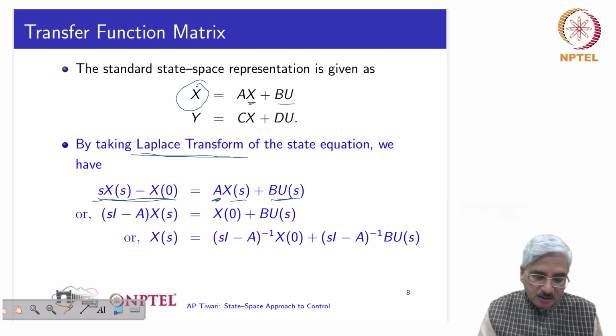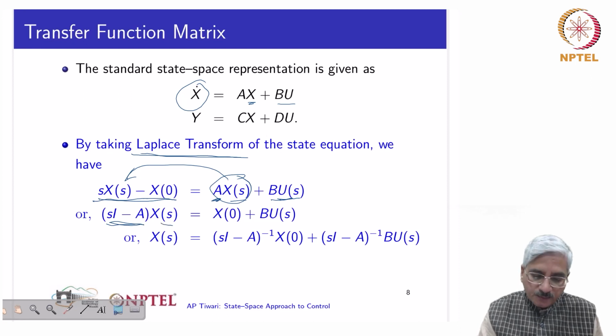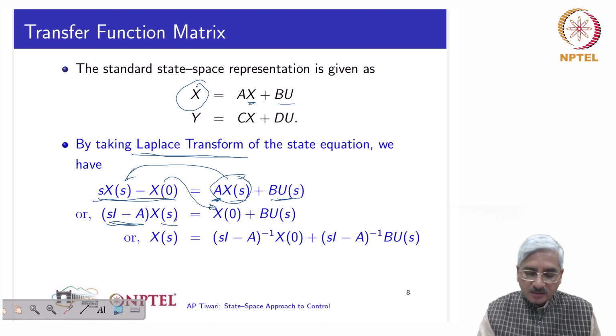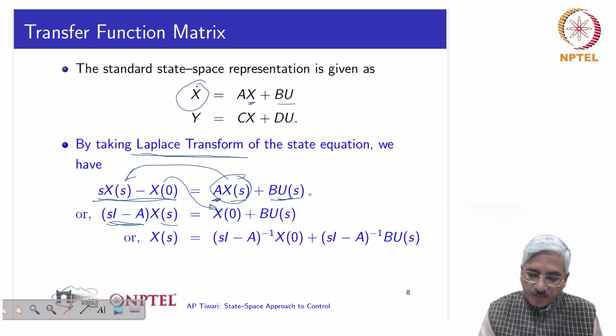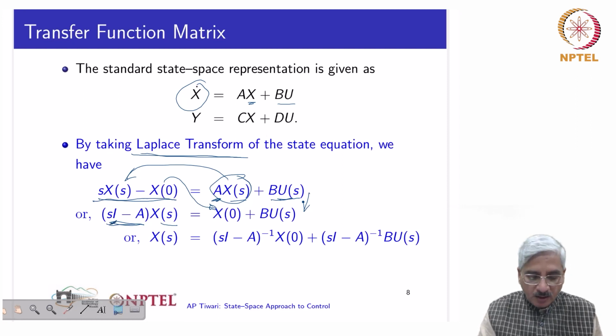We do the rearrangement of terms: we bring this term onto the left and collect them together, so we have (sI minus A) times X(s) equal to x0 plus BU(s). Here I is an identity matrix of the same size as A.